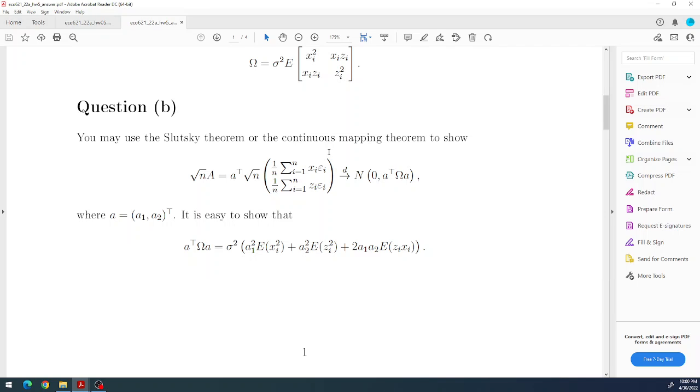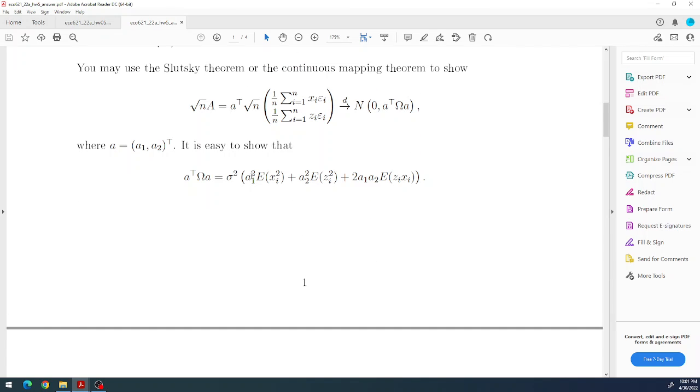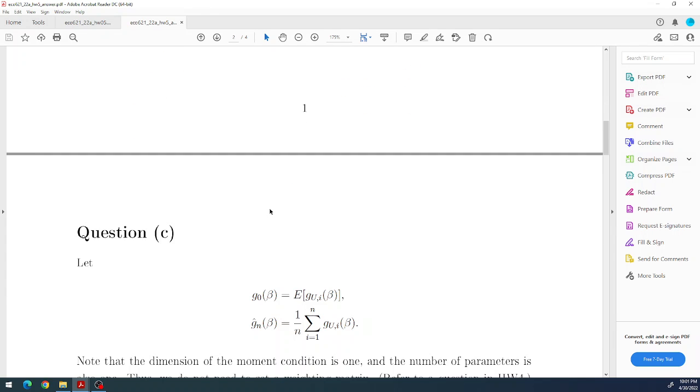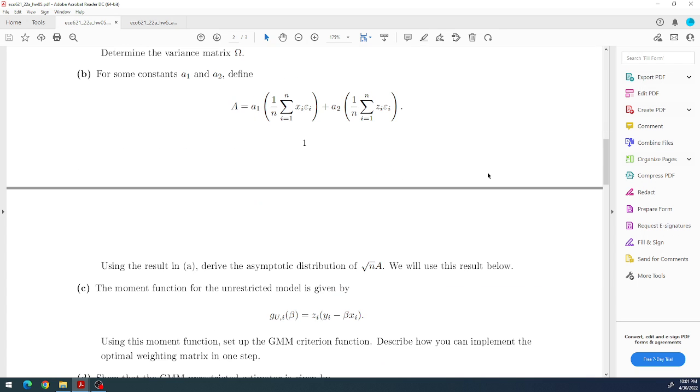Basically, we are just multiplying a constant vector to a random vector, and you get this result. And then let's just calculate that, and this is what you have. And later, as I said, we are going to use some numbers, A1, A2. So nothing special so far.